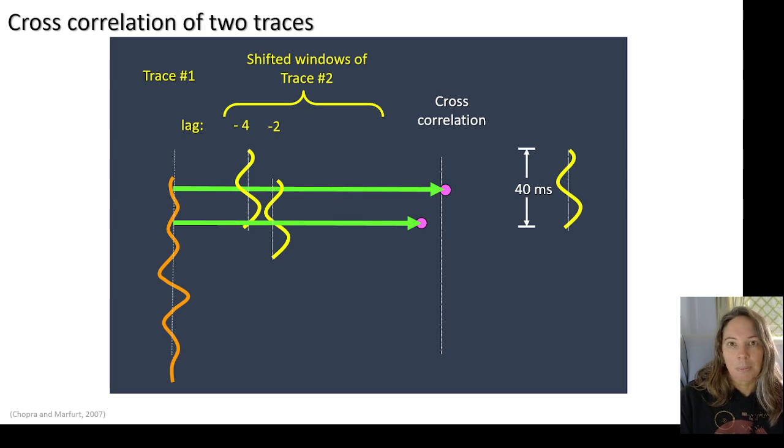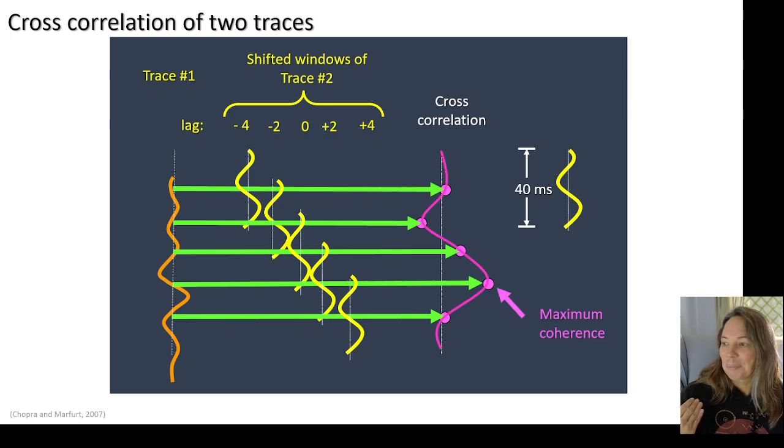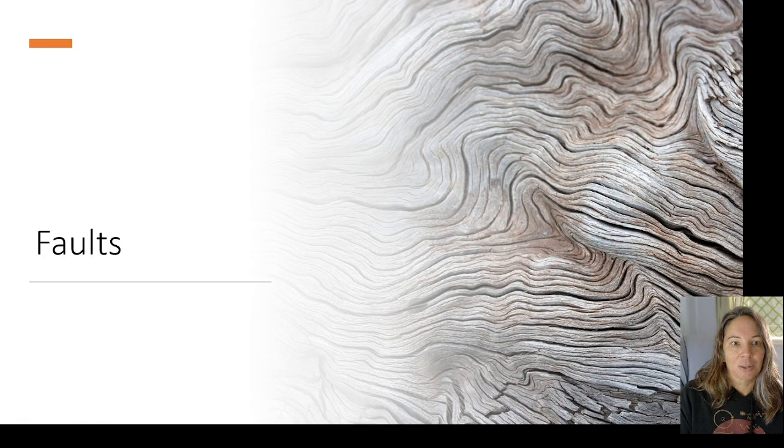We compare it to its neighbor along a little bit of a time shift, and from it we'll be able to get the maximum coherence. This is an example of how it would work if we're doing that cross correlation, comparing it to its neighbors.